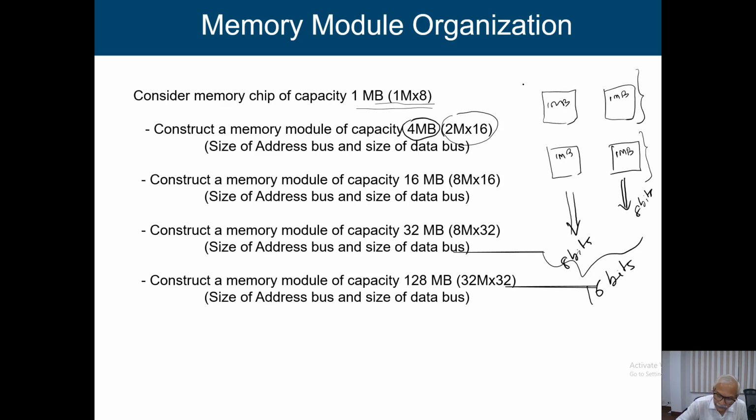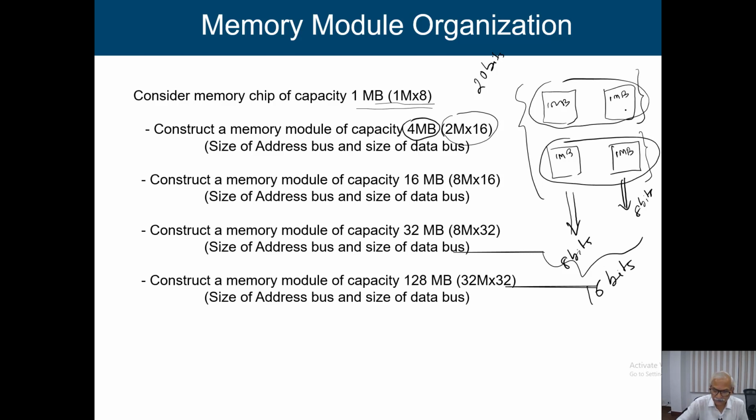And how many address lines do we have to give over here? You just see that this is a 1 mega memory location, so we need a 20-bit address line. Plus either I have to select these two memory chips together, or these two memory chips together.